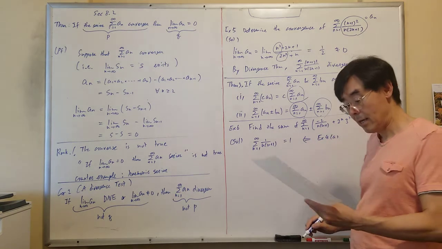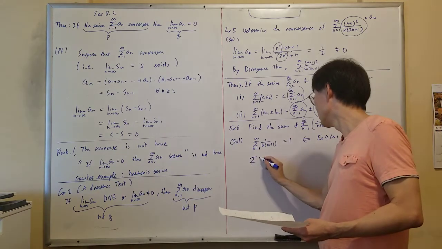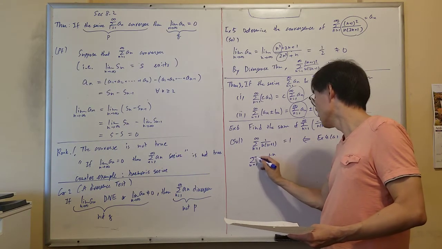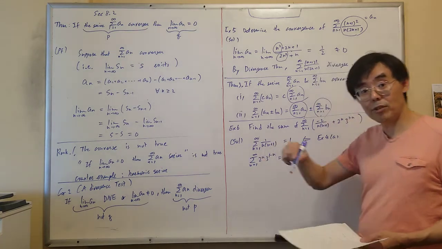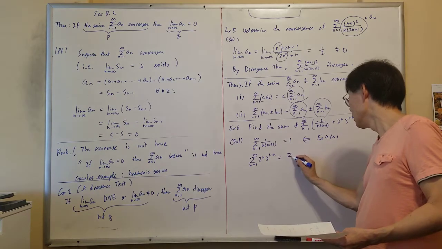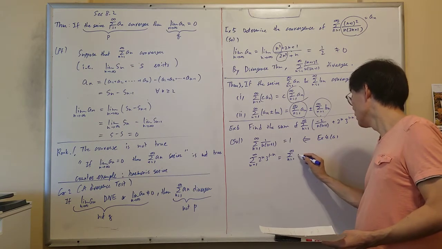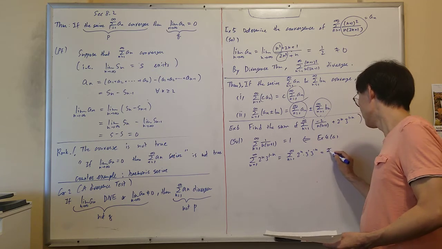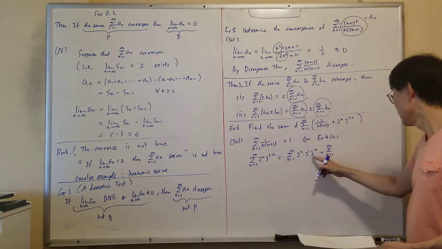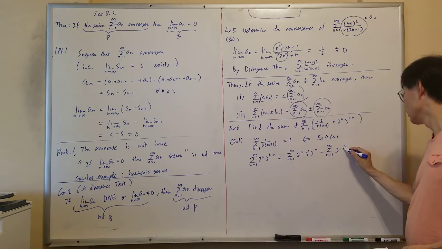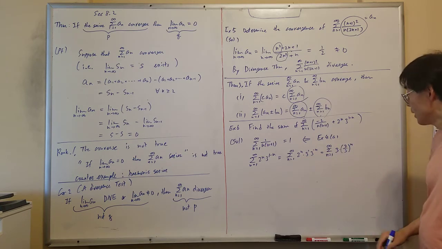And for this one, just like in the previous lesson, section 8.2 part 1, you can rewrite it as 2 to the n, 3 to the negative n. This is 3 times 2 to the n, 1/3 to the n, which is 2/3 to the n.